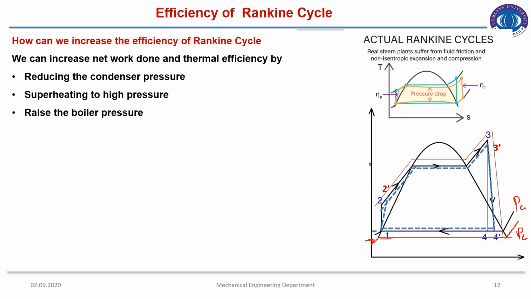The solid black line is also, and this dotted blue line is also a constant pressure line, P1, P2. As you can see, this pink line is down and this solid line is above.